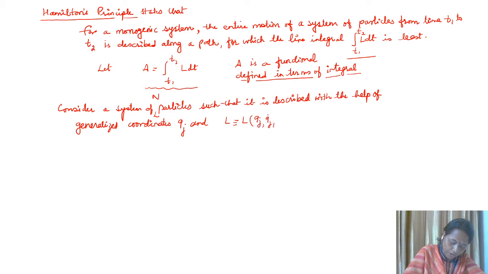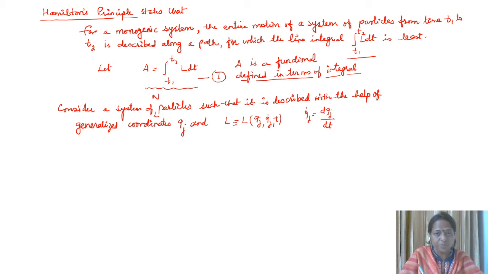So you see, in expression 1, whatever is your integrand is based on more than one variable. Here qj dot means dqj/dt, the derivative of qj with respect to time, and j goes from 1 to n.